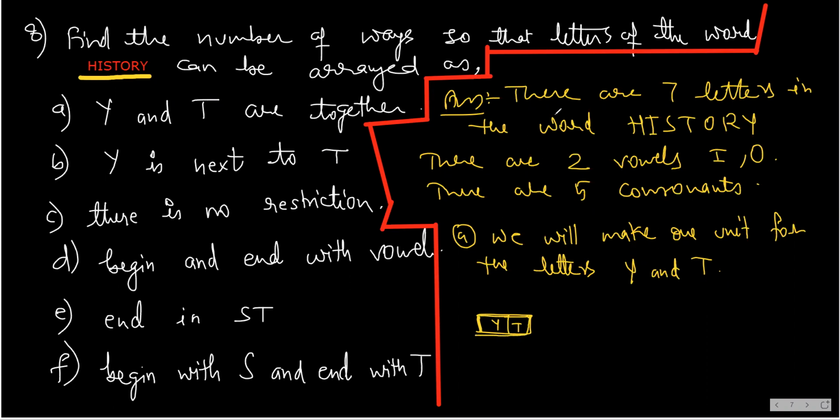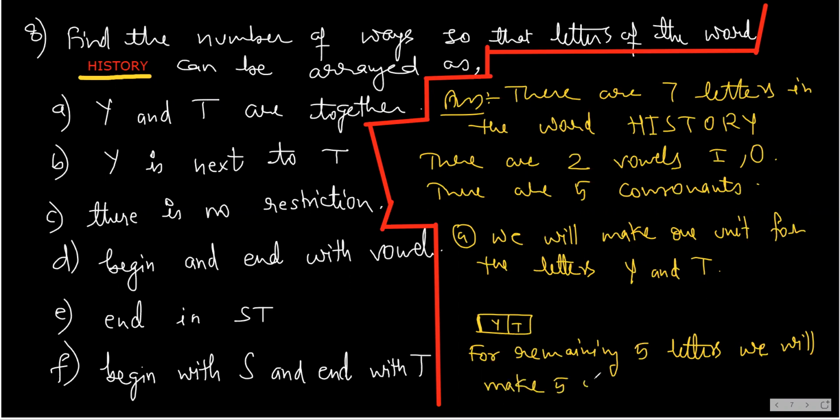Now for the remaining 5 letters, we will make 5 units. So 1 2 3 4 5 and 6.